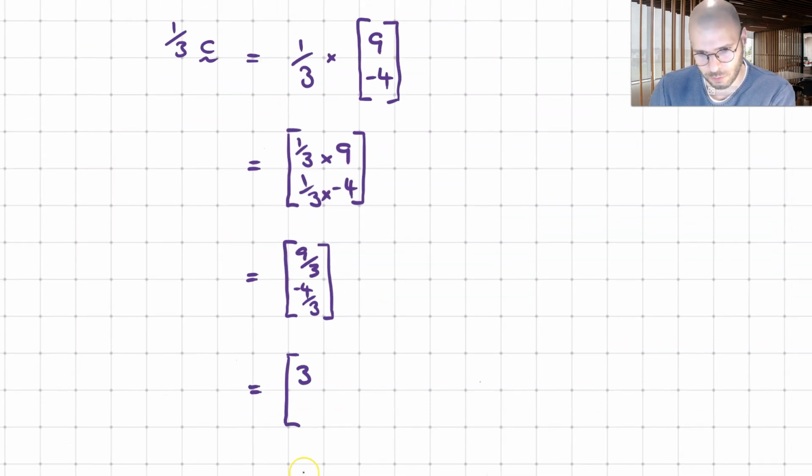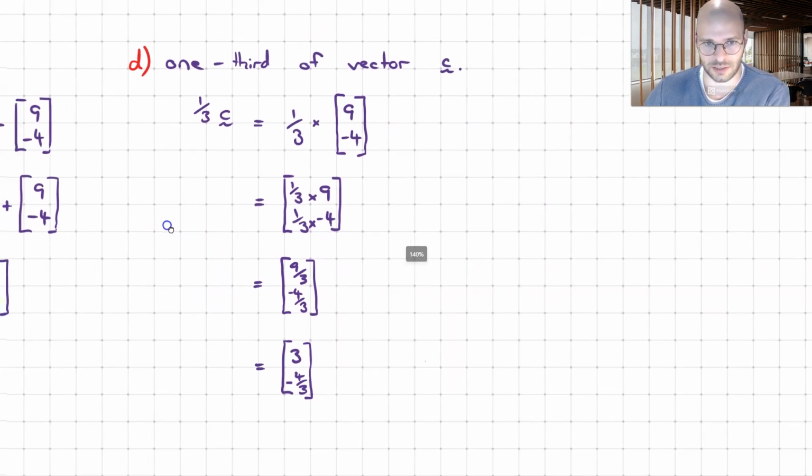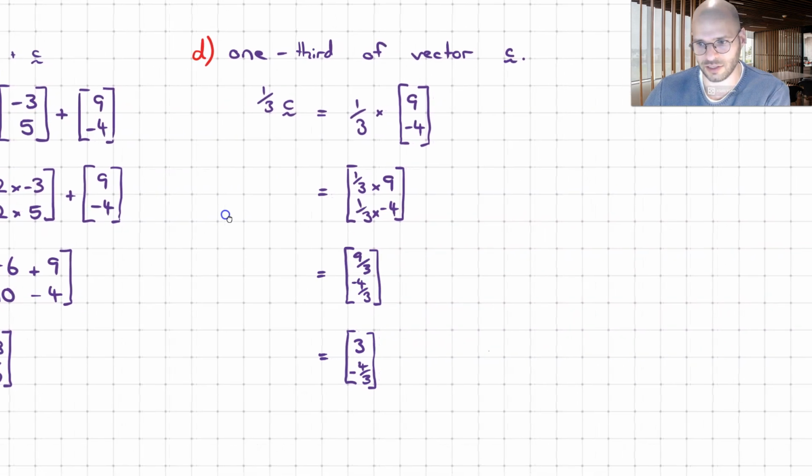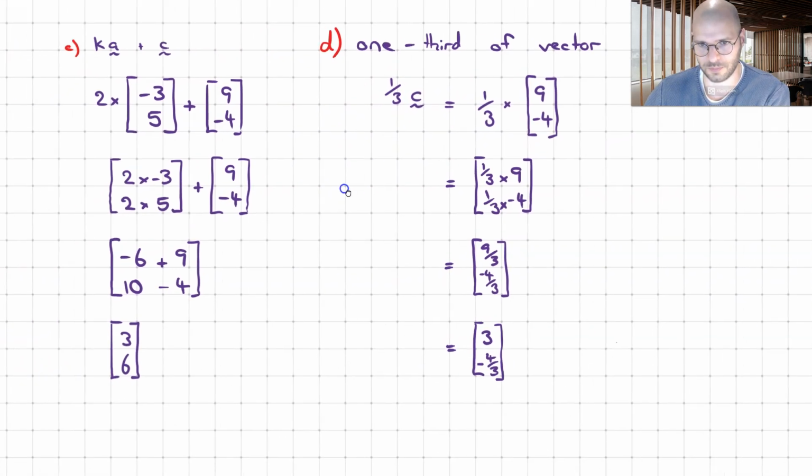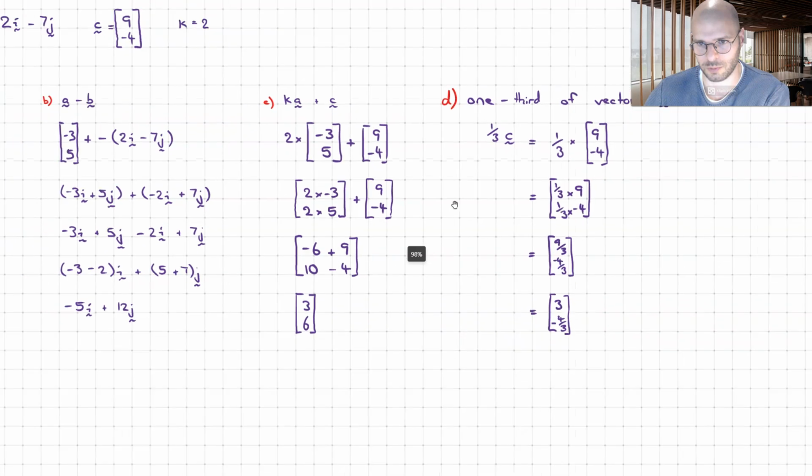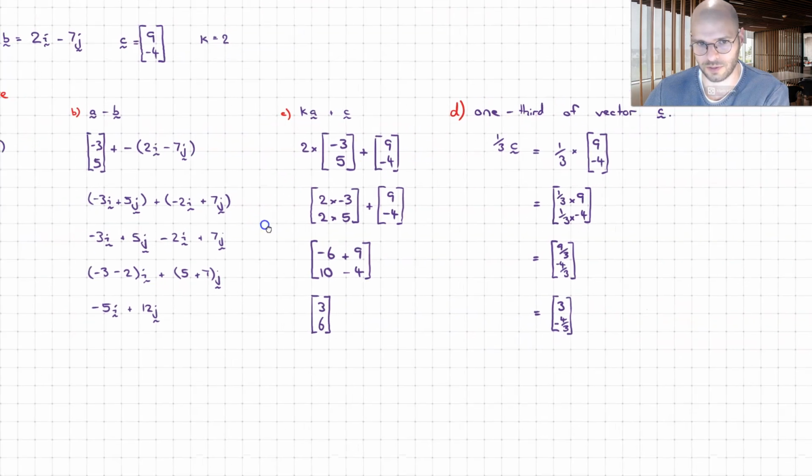Hence, top one's 3, bottom one's just minus 4 over 3. We could put it as a mixed fraction, but there's no need to. So there's our operations. When we're trying to divide something, we don't divide it, rather we just multiply it by 1 over. So we always do scalar multiplication if we want to reduce something.